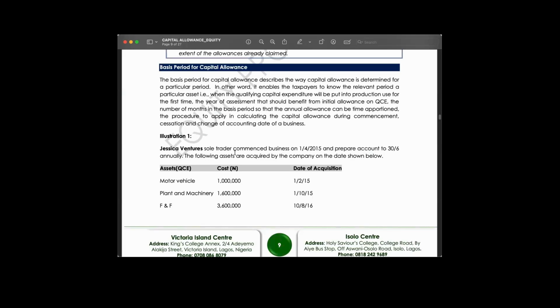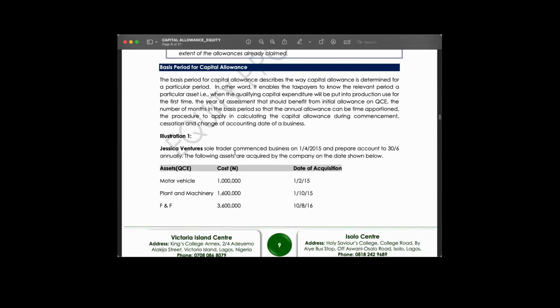When a company commences operation, the company is expected to be assessed to tax from the date of commencement to the end of the first accounting year end. So it's the same thing here.